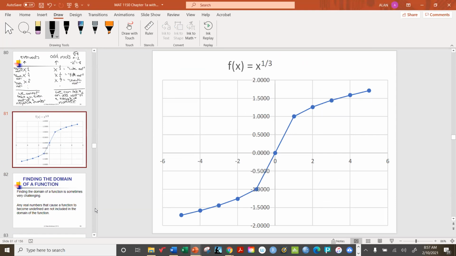Because it's an odd root, though, there's no restrictions on the domain or the range. So the domain is just the entire real number line. And so is the range. It can take on negative numbers.